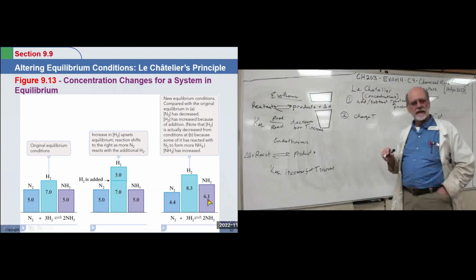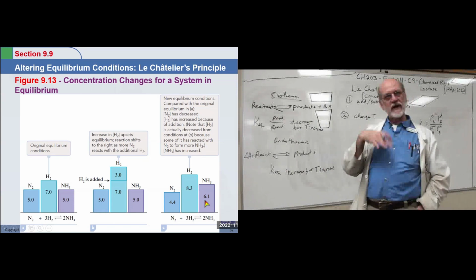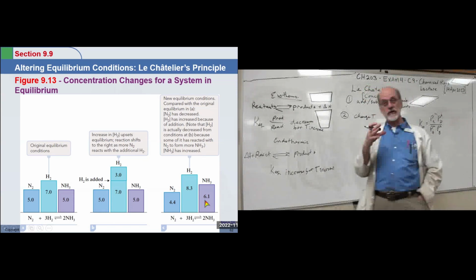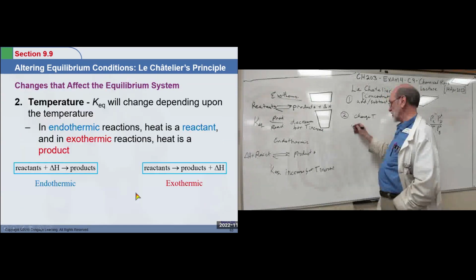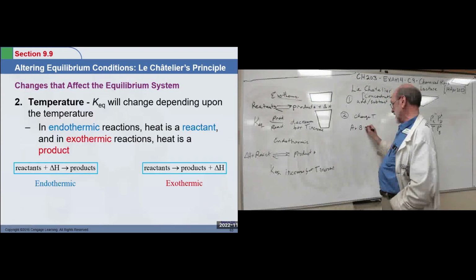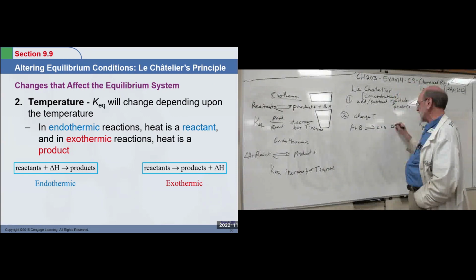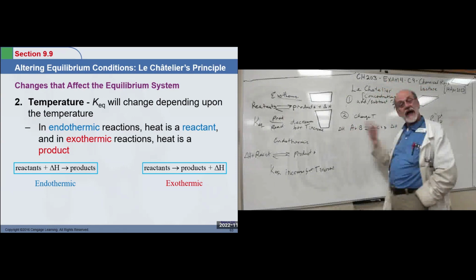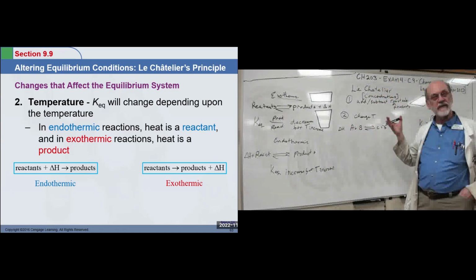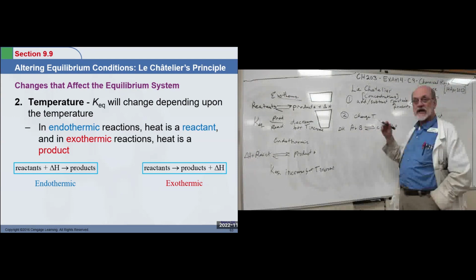Change in temperature requires that you know whether the reaction is endothermic or exothermic in order to apply the Le Chatelier's principle. Then when you have a reaction, A plus B yields C plus D, then you know which side to put the delta H on. Does it go over there or does it go over here? If you know which side to put it on, then you can make an intelligent guess as to which way the reaction will move when you change the temperature.